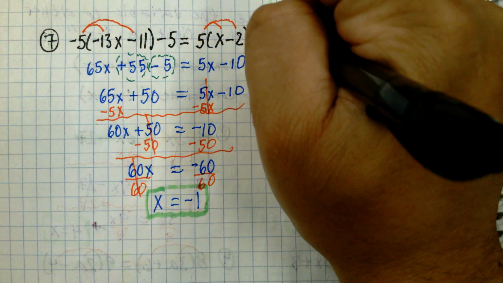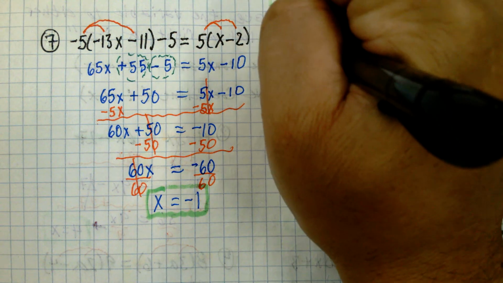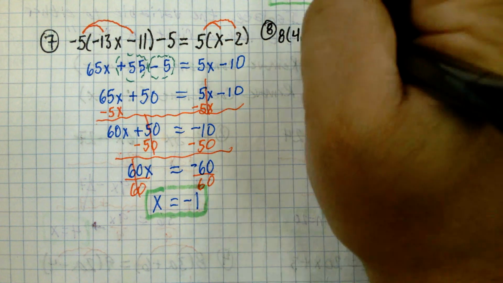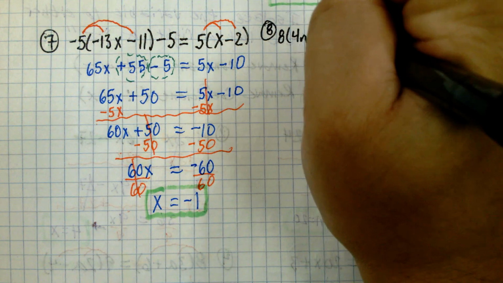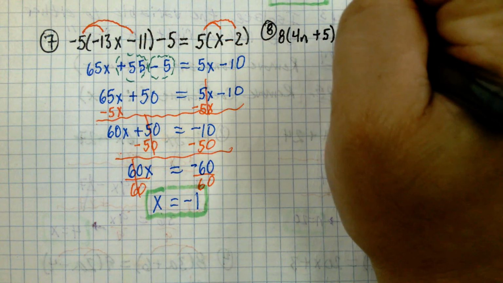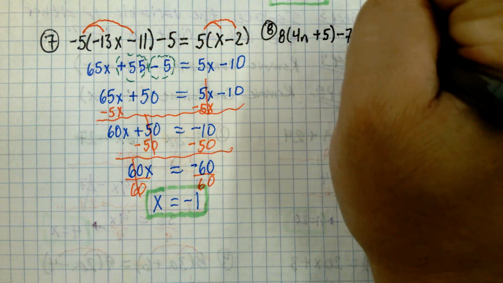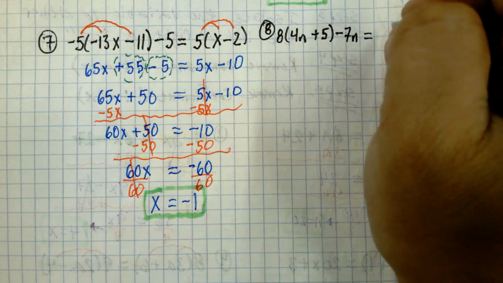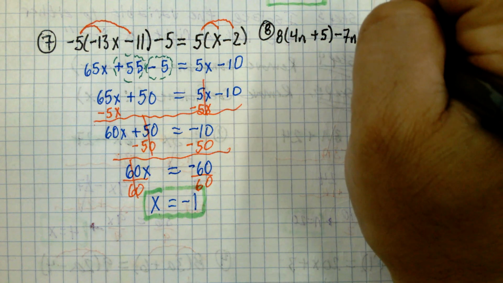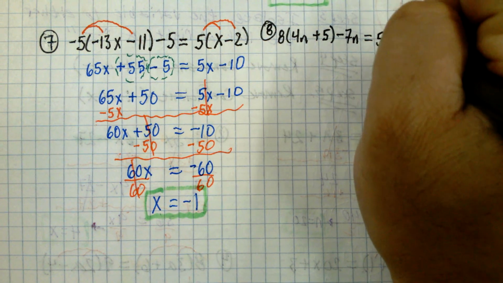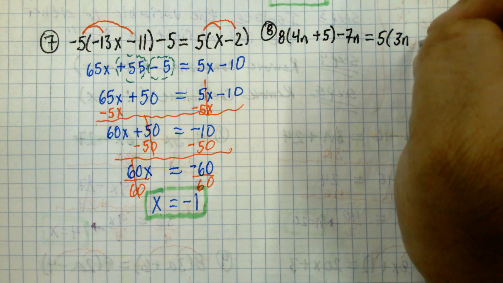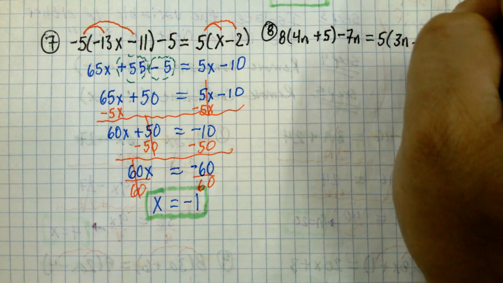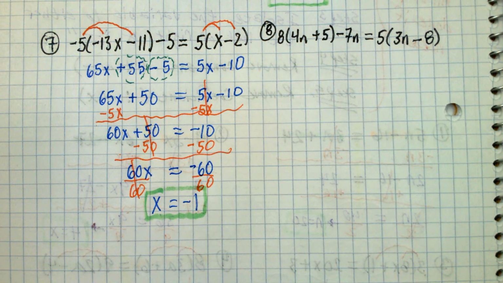And number 8 is 8 times the quantity 4n plus 5 minus 7n equals 5 parentheses 3n minus 8. Okay, got a lot going on again. I'll give you a minute to write those down.